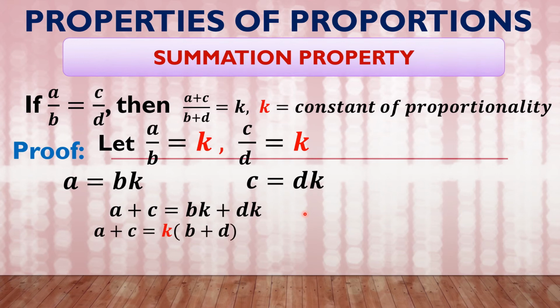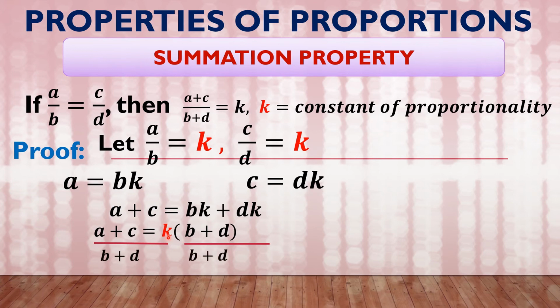Now, what do you see at the right side? What can you observe about this one? No? Anong na-observe nyo dito? Okay, sir, they are sharing a common factor which is K. So, ating i-factor out si K, no? Nilabas si K. And now, let's divide both of them by B plus D. So, syempre, B plus D cancels out.